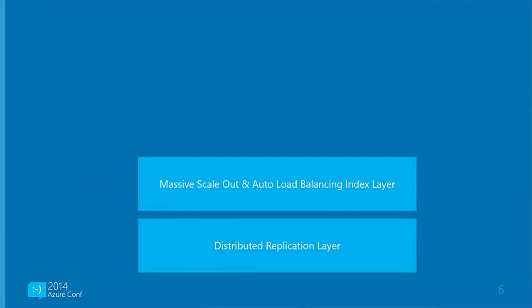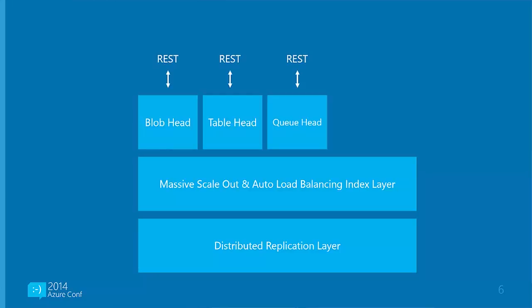Now, if we look at how Azure Storage works internally, Azure Storage is built up with a distributed replication layer, and on top of that we have a massive scale-out and auto load balancing index layer. Now, for our three classic abstractions, all of those are exposed through a REST API.